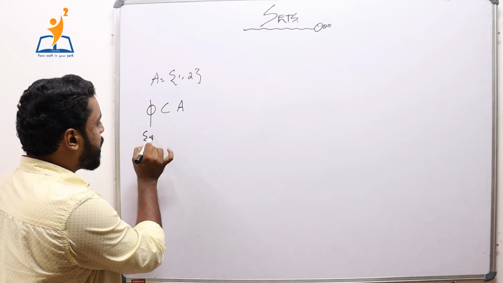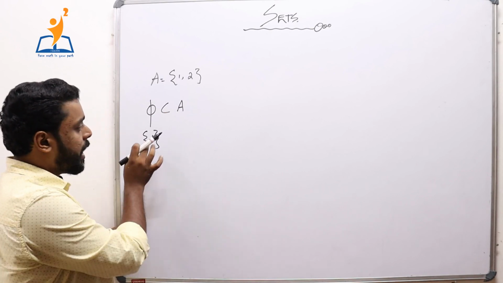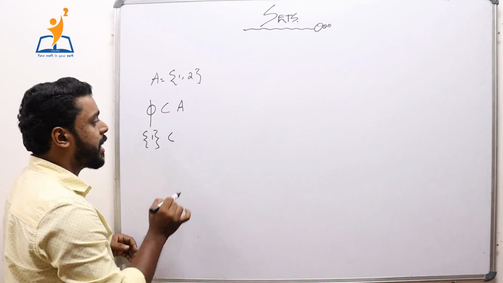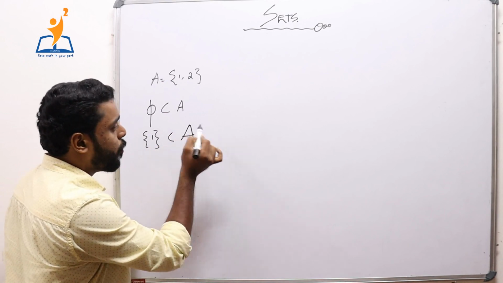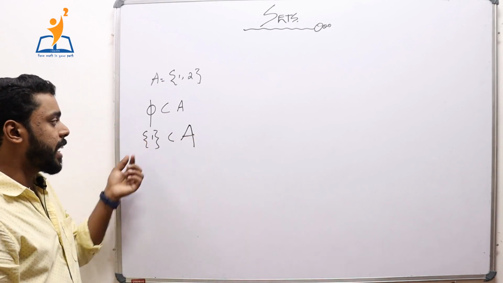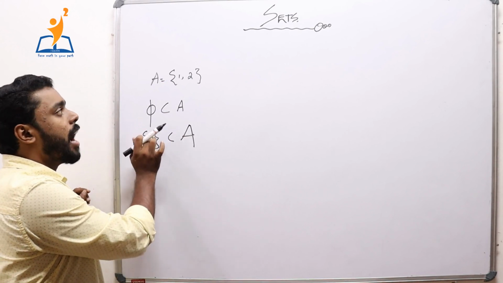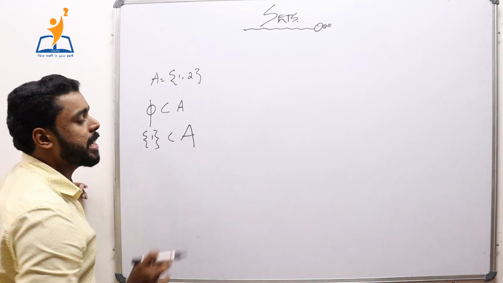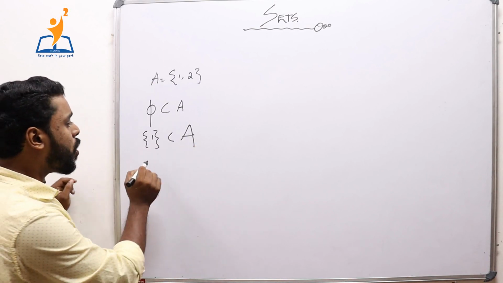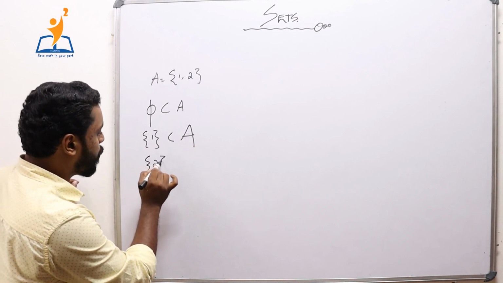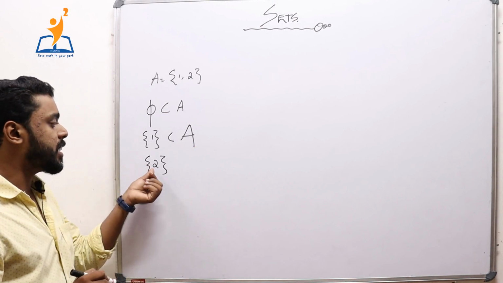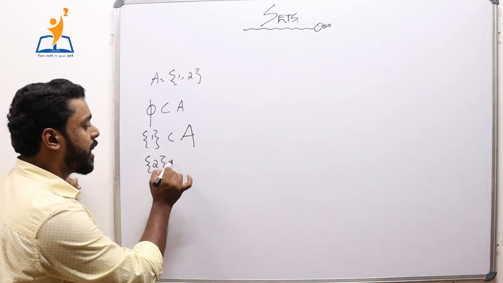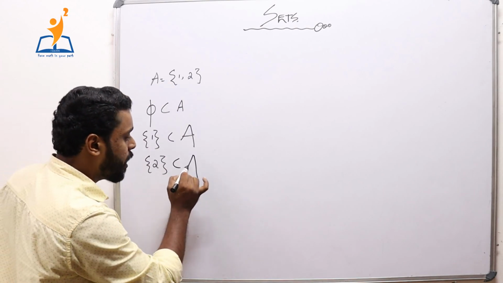Now consider the set {1}. 1 is an element of the set A. Hence we can say that {1} is also a subset of A, because in {1} the only element is 1 and that element is also in the set A. Now consider the set {2}, which contains only the element 2, and 2 is there in A. So we can say that {2} is a subset of A.